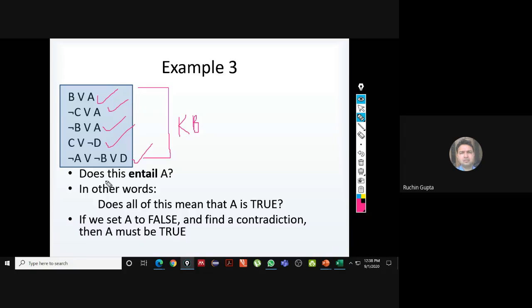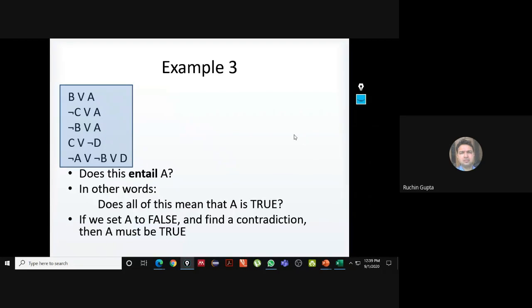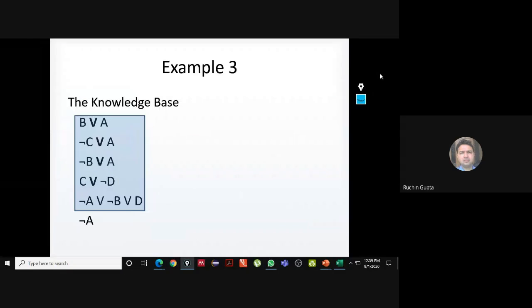So we want to check whether this A can be derived from this knowledge base. Now we will negate this A and add this negated A to the knowledge base, and if we find a contradiction like earlier, we will say that A is going to be true. So how can we do it? We do the same.